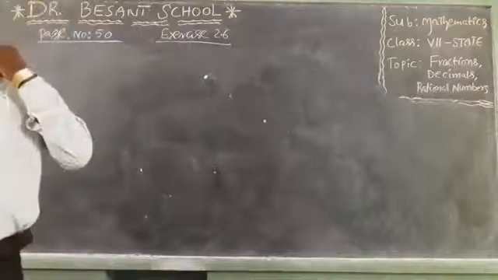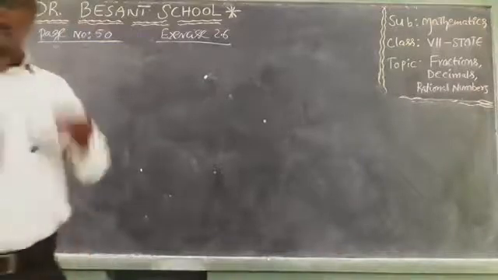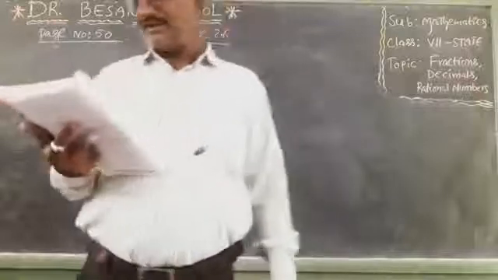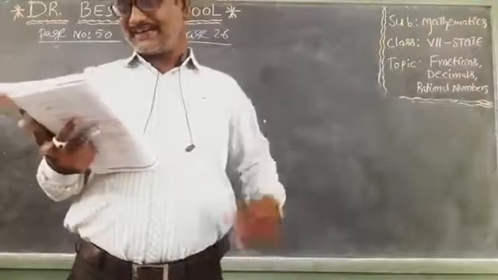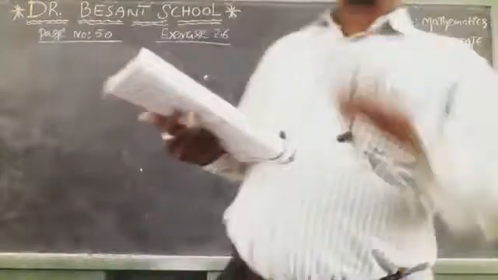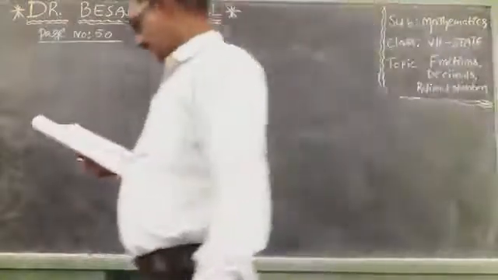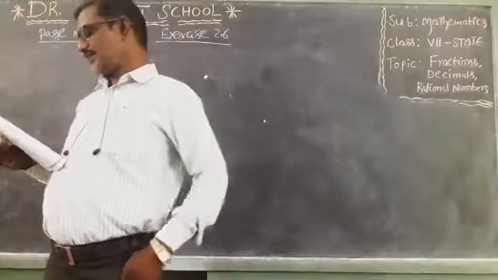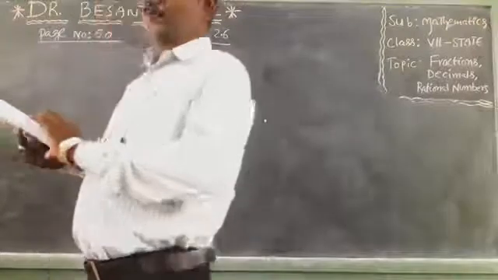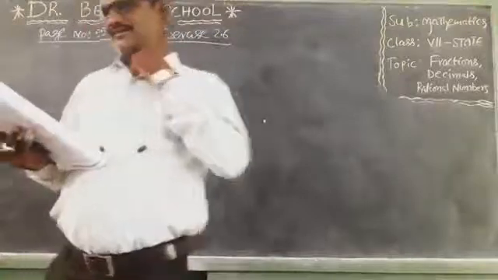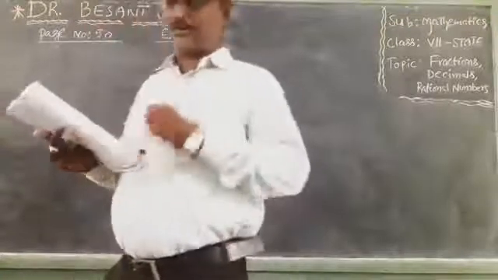A motor bike covers a distance of 62.5 kilometers consuming 1 liter of petrol. How much distance does it cover for 10 liters of petrol? The distance covered by motor bike for consuming 1 liter of petrol equals 62.5 kilometers. We need to find out what is the distance covered by the motor bike for consuming 10 liters of petrol.